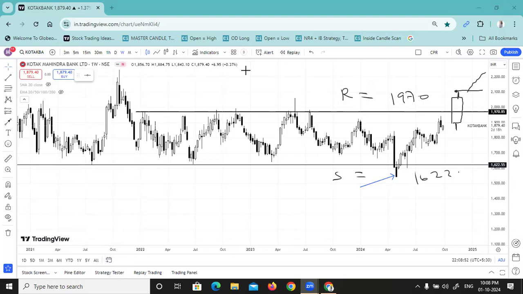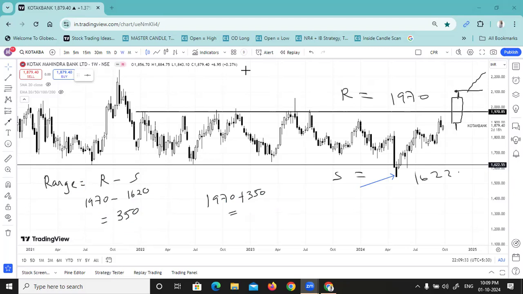How to calculate target, guys? Before calculating the target, first you will calculate the range, right? How to calculate range? Resistance minus support. 1970 minus 1622. Let's keep it 1620, to keep the calculation simple. So how many points is this range? 350 points. So once price crosses 1970, you can expect a 350 points target on the upside.